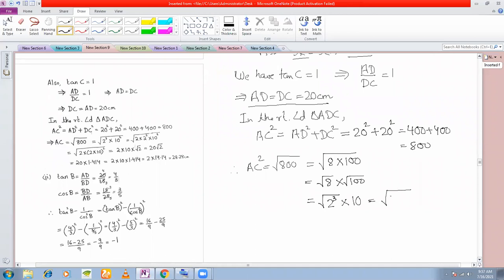So 2 cube can be written as 2 square into 2, into 10, which is equal to square root of 2 square into square root of 2 into 10, which is equal to 2 into root 2 into 10, which is equal to 20 root 2 centimeter.